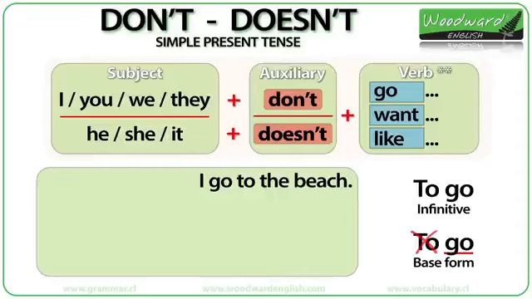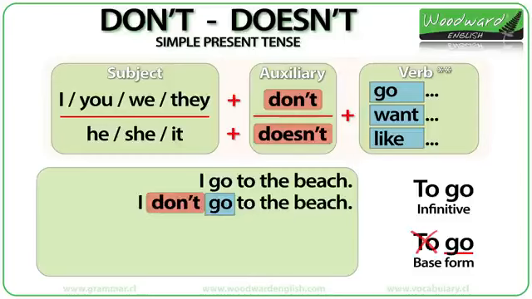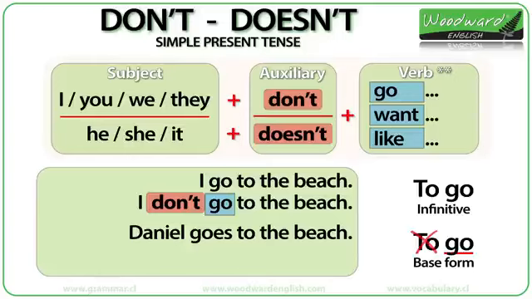I go to the beach. Simple. What is the negative form of this? I don't go to the beach. Now, I want this sentence using Daniel instead of I. The affirmative sentence is Daniel goes to the beach.